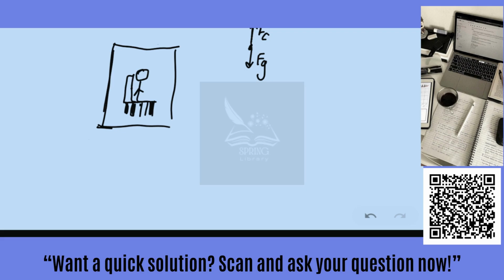In the first case, the astronaut is not moving, it's at rest, and so the net force must be equal to 0. And what this means is that the force that the chair exerts on the astronaut must be equal to the force that gravity is exerting on the astronaut. By Newton's third law, the force that the chair exerts on the astronaut is equivalent to the force that the astronaut exerts on the chair.